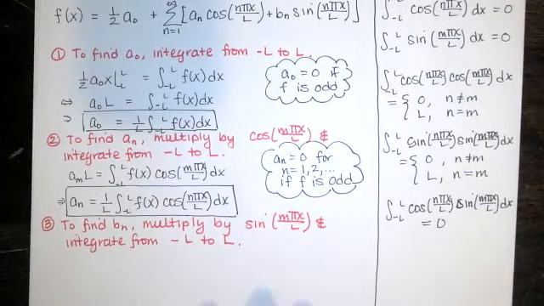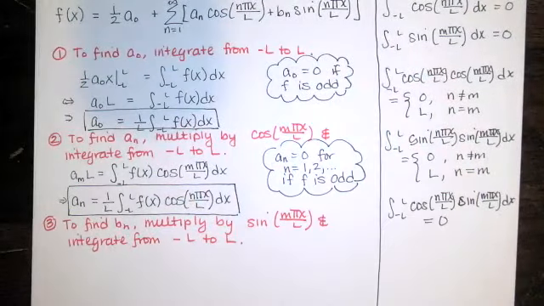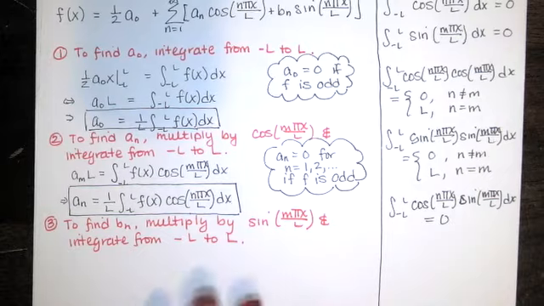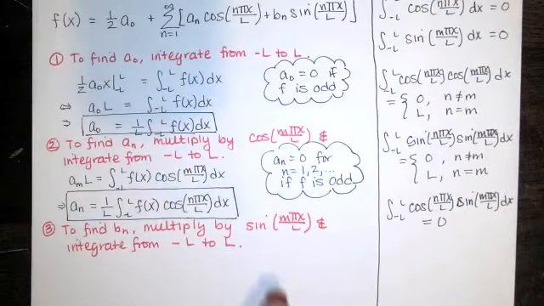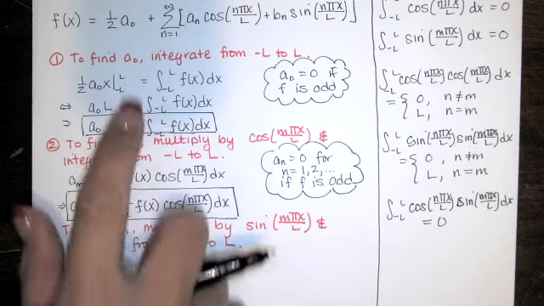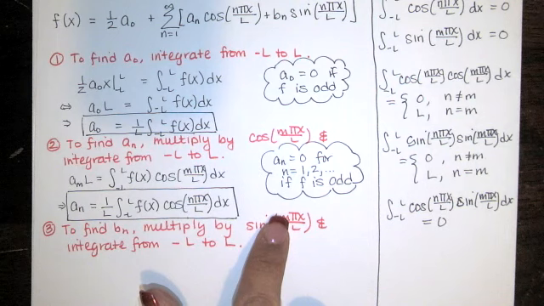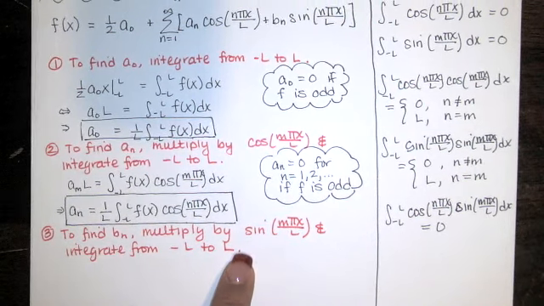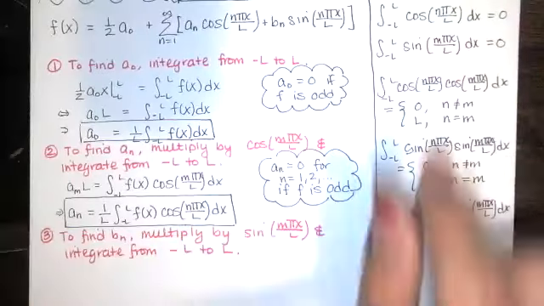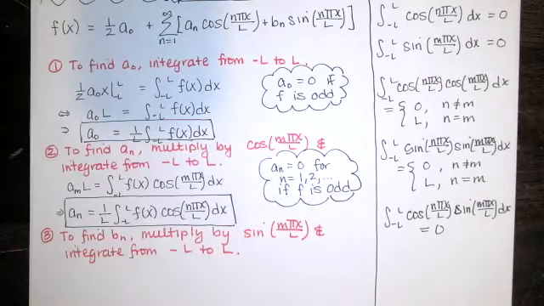Okay, and then you might say, well, these are 0 and those are 0. Well, what about the b sub n? If we multiply all of these guys by sine of m pi x over L and integrate from negative L to L, what happens? Well, the constant times this, integrated from negative L to L, will be a constant times this 0. So that piece will be gone.